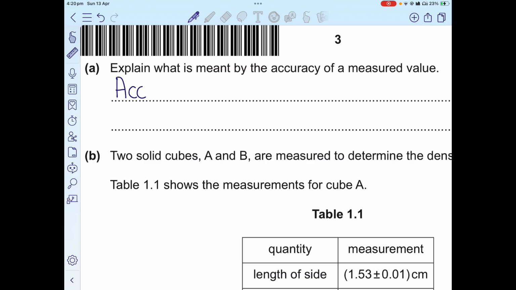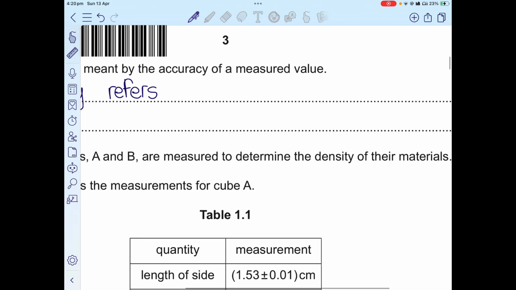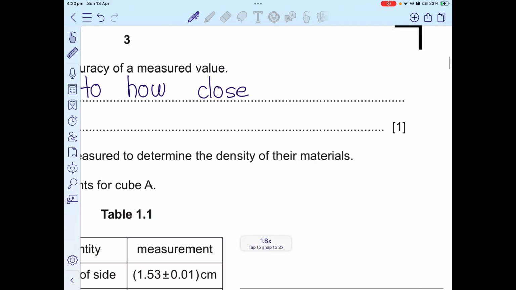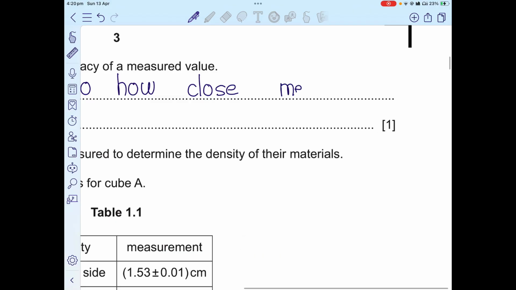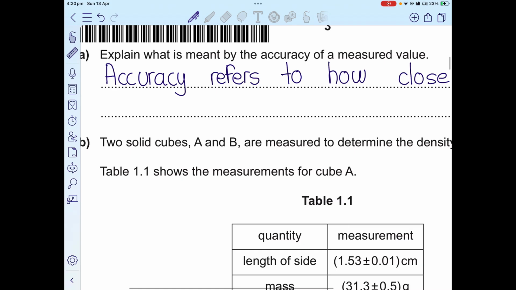Accuracy refers to how close the measured value is to the true value.